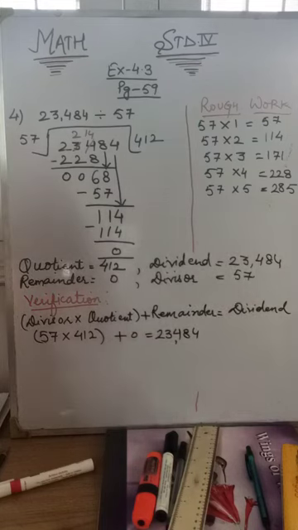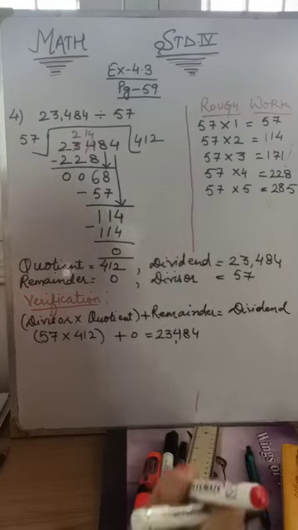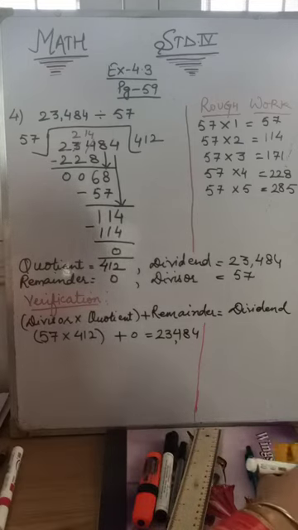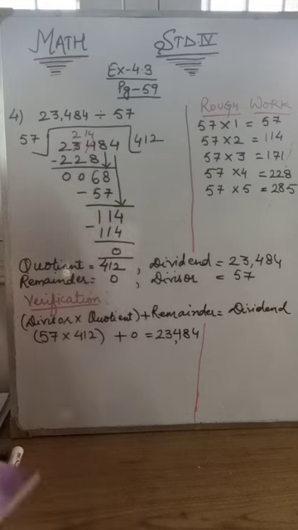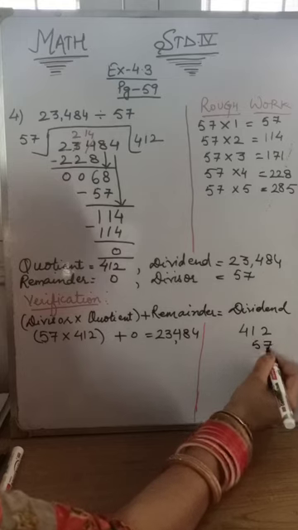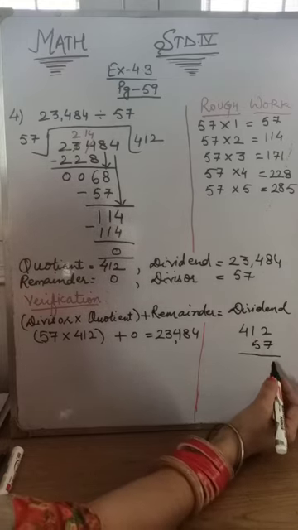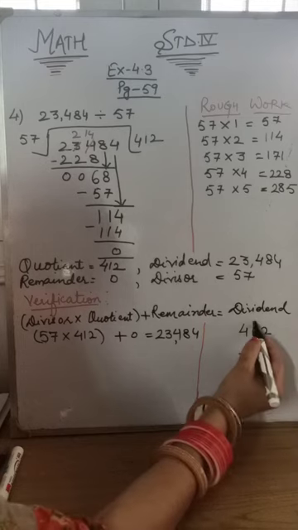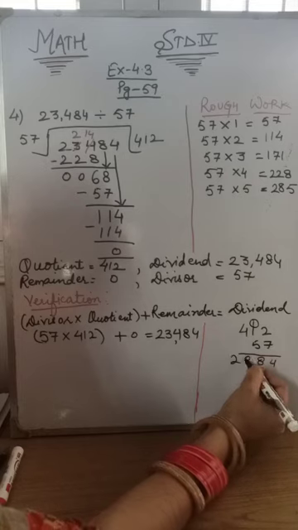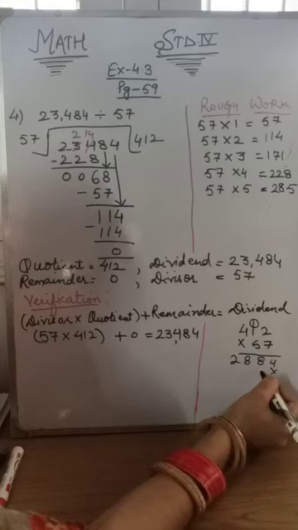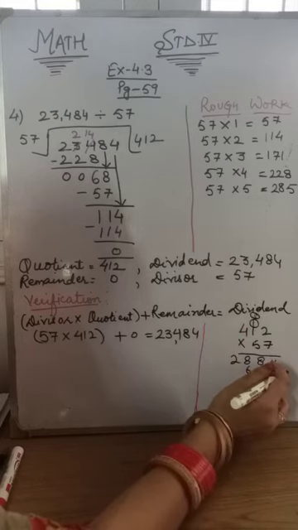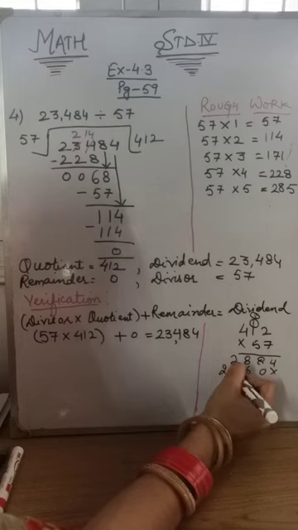So again in the rough work, we'll draw a line. In the rough work, multiply 412 with 57. 7 2s are 14. 7 1s are 7, plus 1 is 8. 7 4s are 28. 5 2s are 10. 5 1s are 5 plus 1 is 6. 5 4s are 20.